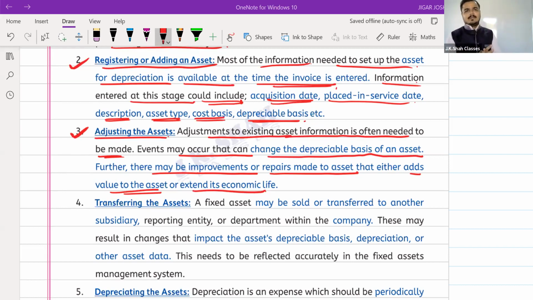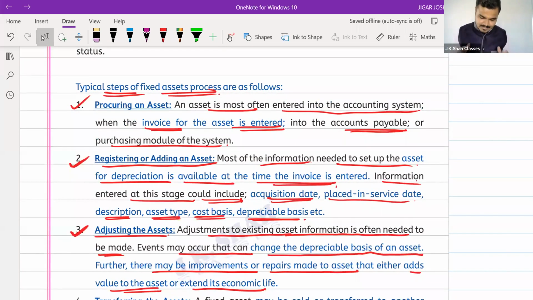So three points we have done. Number one, procuring the asset. Number two, registering or adding the assets. And number three, adjusting the assets. Understood? Please read all these three points very quickly.